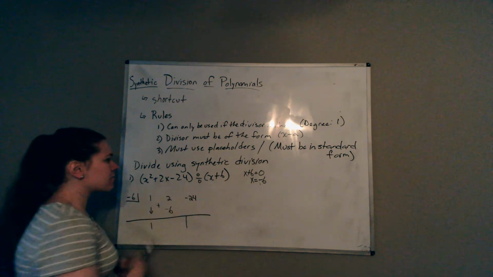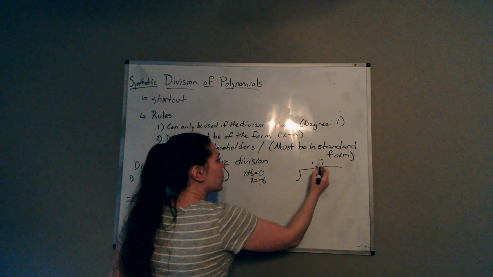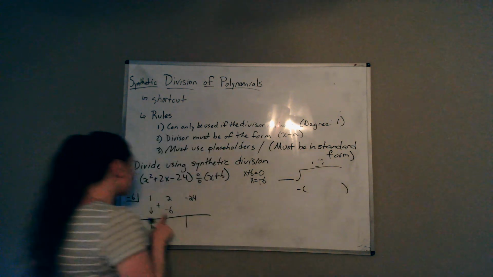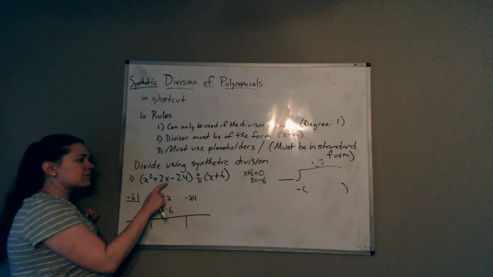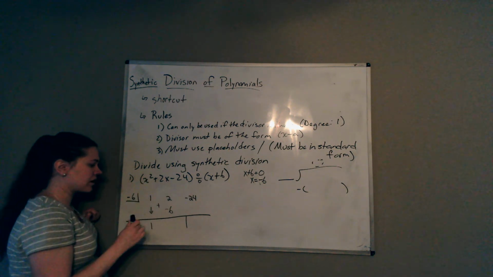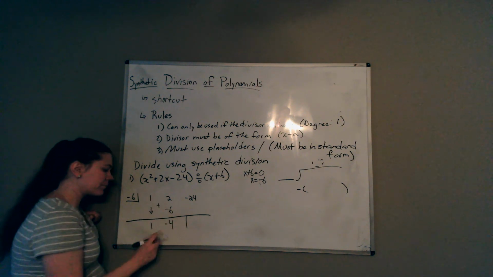Remember, when we had our first term, we multiplied it by this, and we subtracted it. That's basically what's going on right here. But we can do it without any of these variables, only when x has just x to the first. So 2 plus -6, that gives me -4.